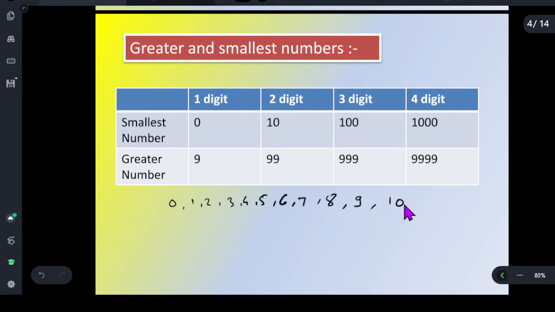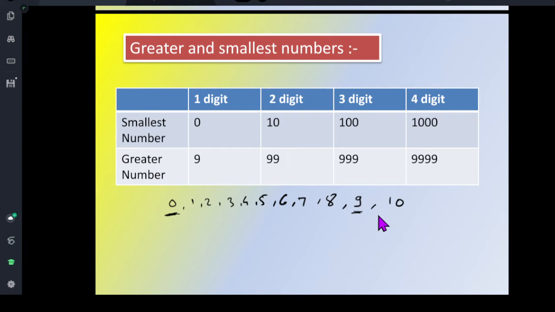Then you will write 10. So you can see which numbers have only one digit, that is 0 to 9. All these numbers have one digit. So the smallest number with one digit is 0, and the greatest number with one digit is 9.